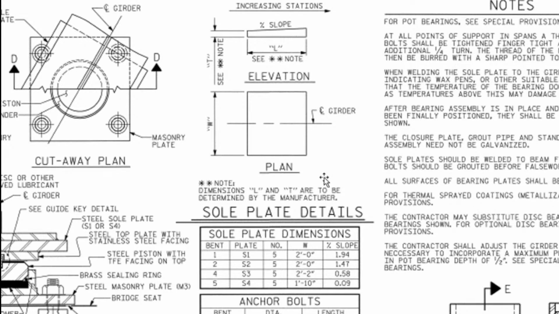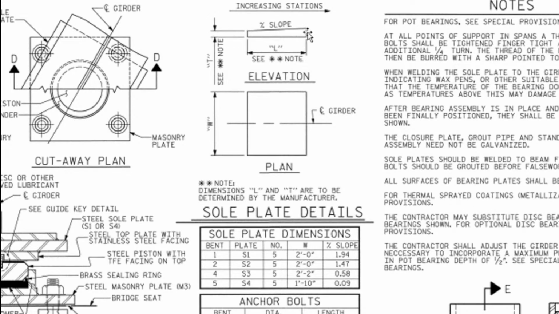So that is the bearing. Increasing station is going here to the right side. So C asterisk note. We will look after that. C double asterisk note.